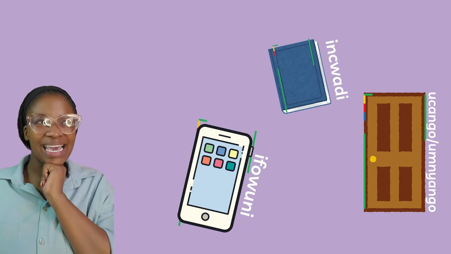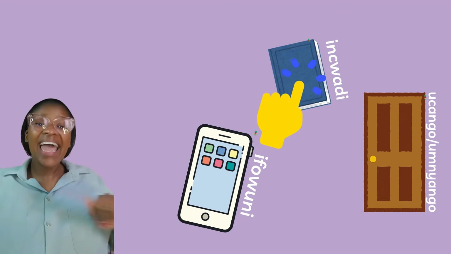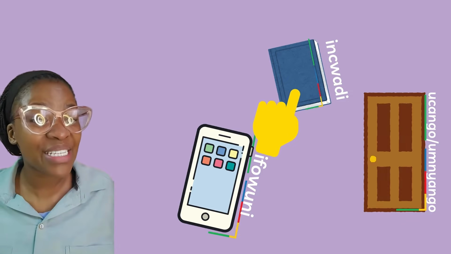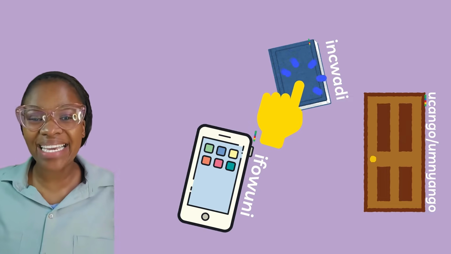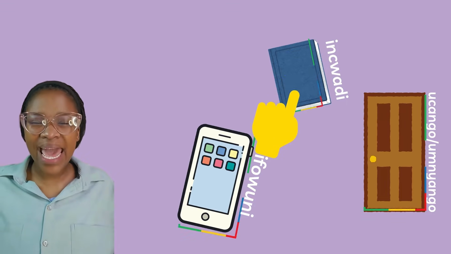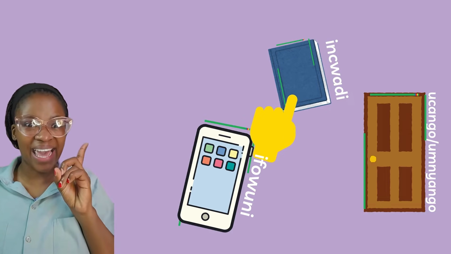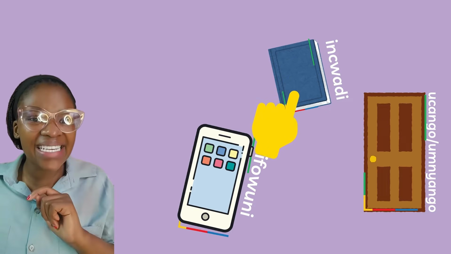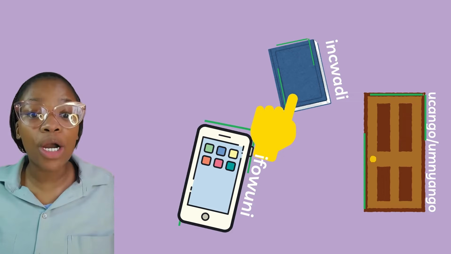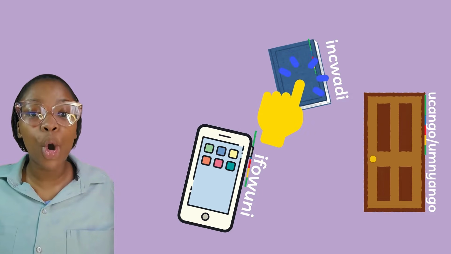Now, what else is in the shape of a rectangle? Yes! Incwadi. Can you guess what incwadi is in English? Maybe look at the pictures over there. Yes! Incwadi is book.